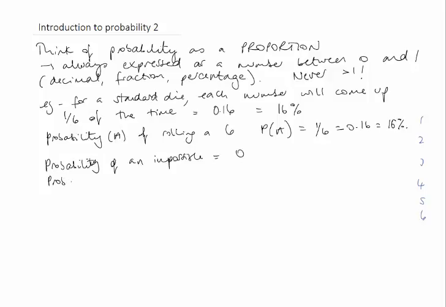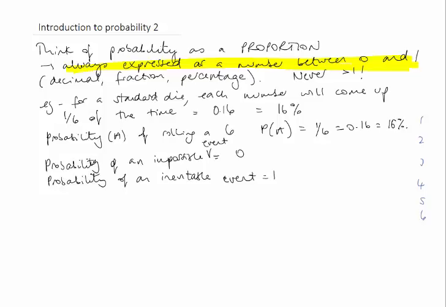And the probability of an inevitable event is 1. An inevitable event, for example, is rolling a number between 1 and 6. Let's highlight that: it's always expressed as a number between 0 and 1.